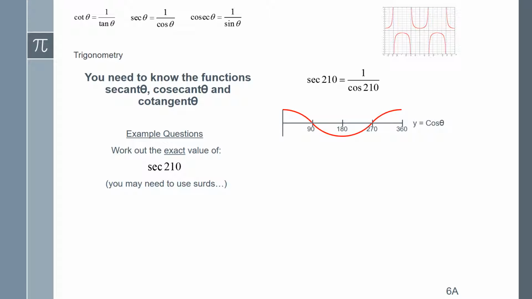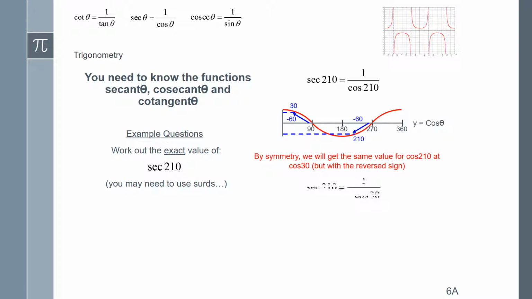If we draw a cos graph, then we see that cos 210 is there, that's 60 below 270, so that's the same as if we go 60 below 90, then that's the same as the value there, just the wrong sign, so it's minus that. So that's cos 30, but that's the wrong sign, so it's a minus cos 30. So it's the same as 1 over minus cos 30.